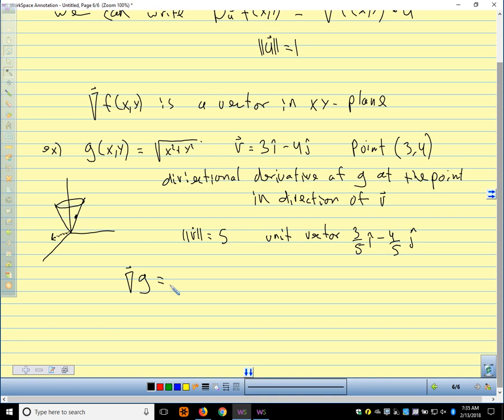Del g. Partial with respect to x, what do we get? x over the square root of x squared plus y squared, and we get i hat. Plus, this is symmetrical, so we get the same thing just with y over the square root of x squared plus y squared, and this is a j hat.